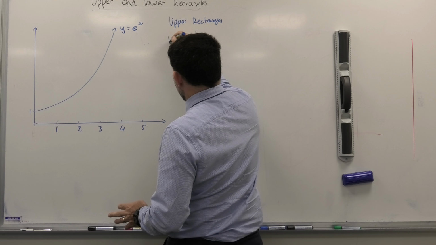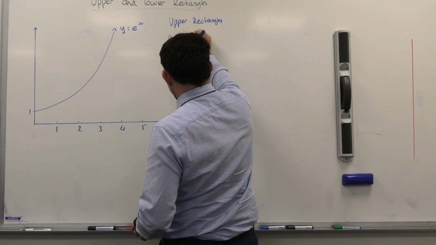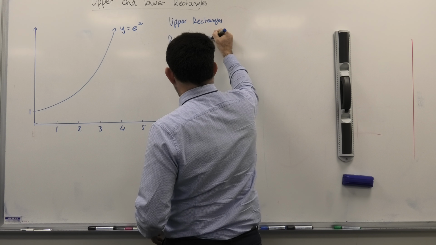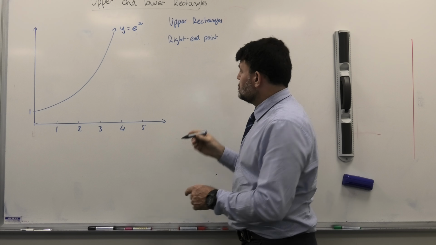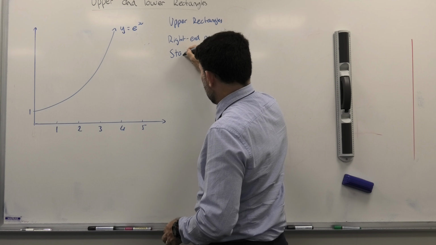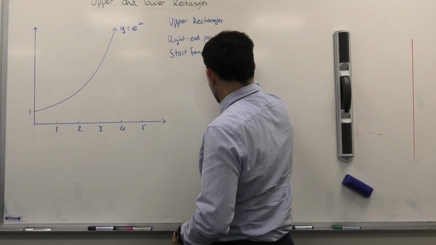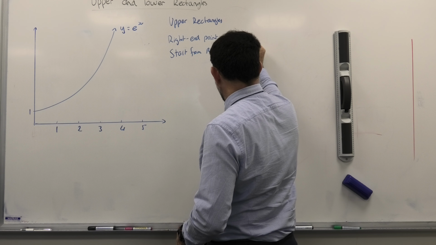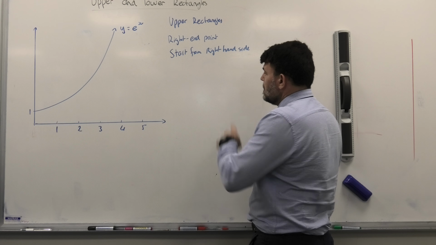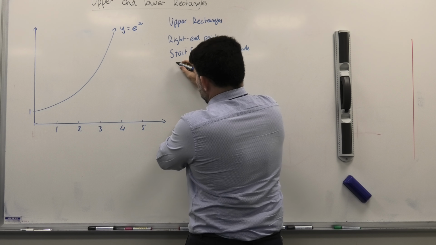However, we're going to call this here the right end point. So that means that we'll start from the right hand side. And the right part of the rectangle touches the curve.